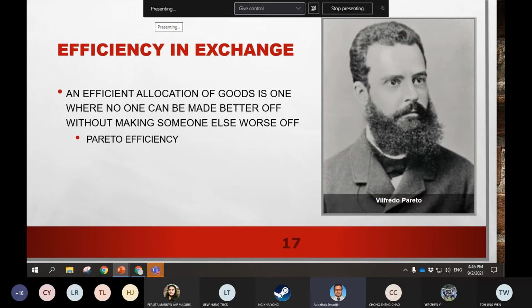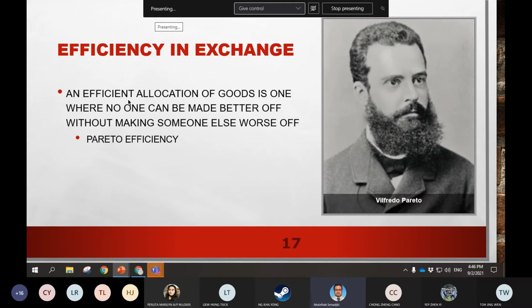This means that when we reach a level of efficiency in exchange, between me and you, for example, we are in efficiency, or we call it Pareto efficiency. If I want to make myself better off, but only at the expense of making you worse off, then we call it Pareto efficiency.